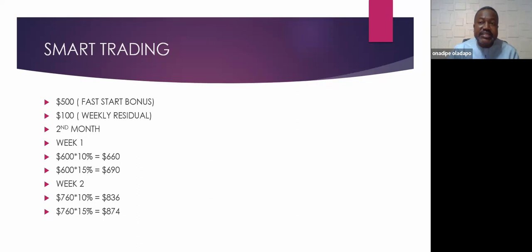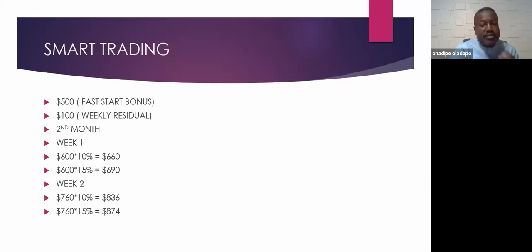So he's starting the second month with $600 in his trading account. So unlike the person that only wants to trade, who puts only $500 out of pocket, the person who is doing smart trading is putting $600 in his trading account in his second month.